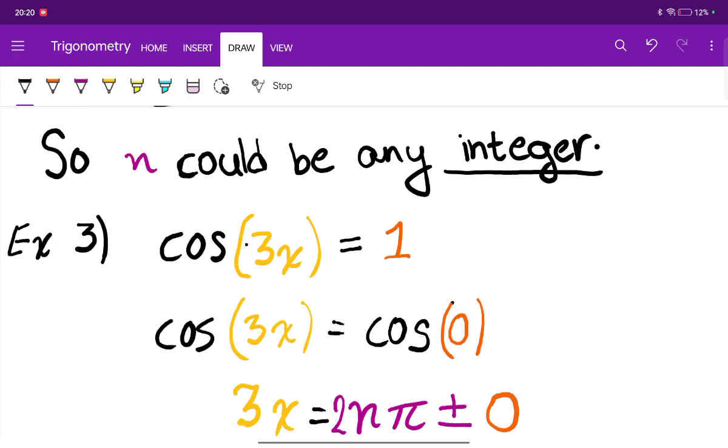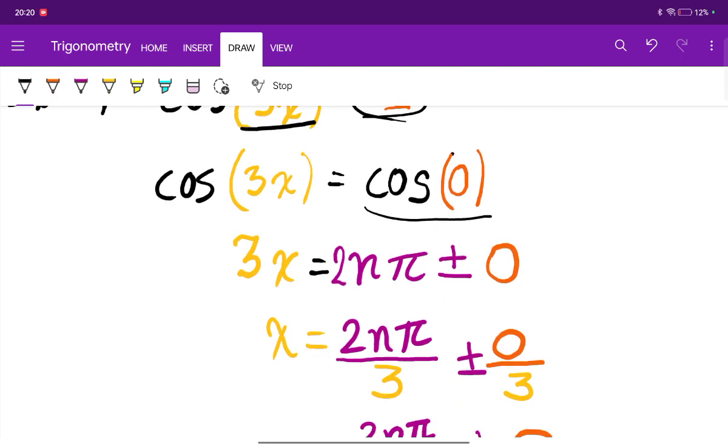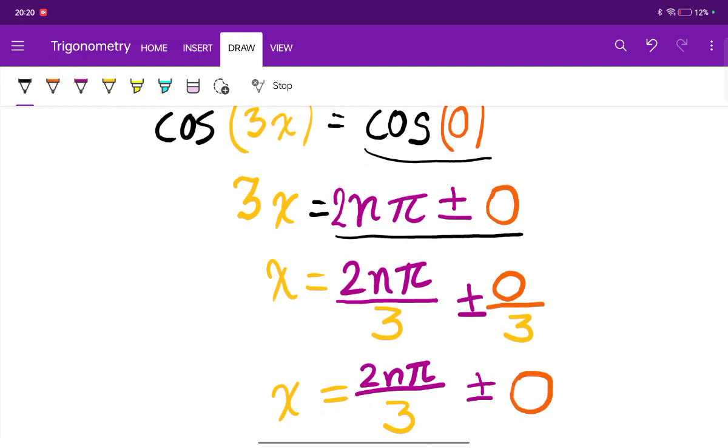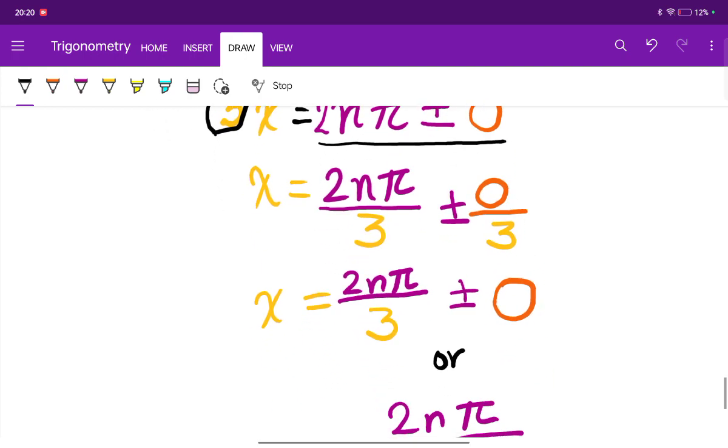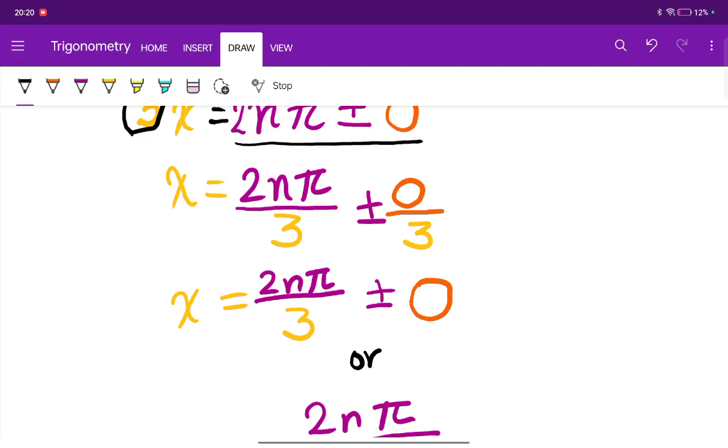Example 3: cos 3x is equal to 1. cos 3x is equal to cos 0. So 3x is equal to 2nπ plus minus 0. And then we have to divide 3 from both sides. So here we will get 2nπ/3 plus minus 0π/3. So x is 2nπ/3 plus minus 0.